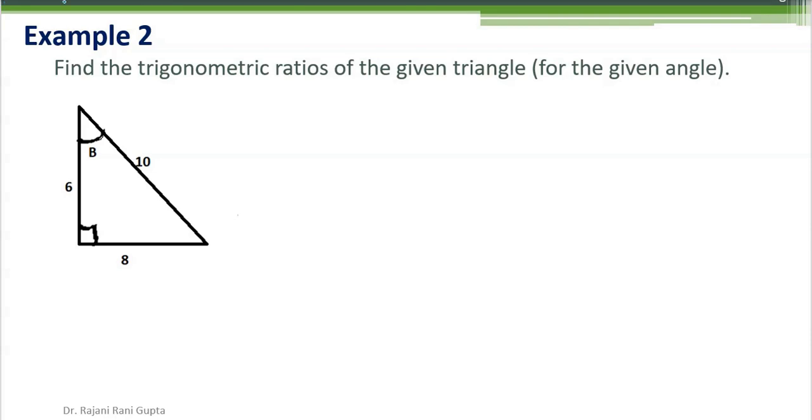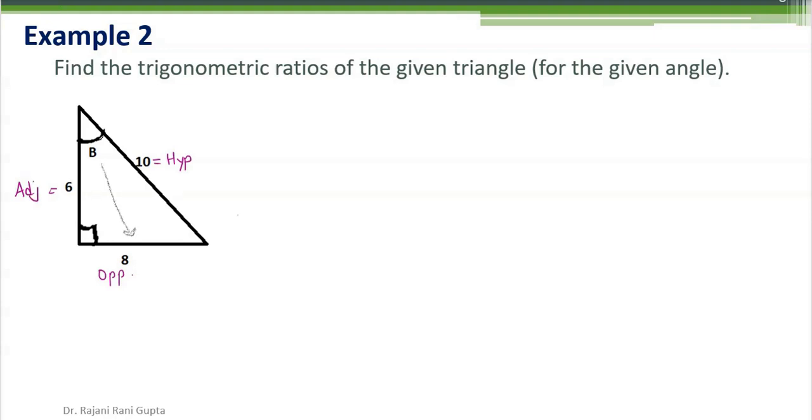For any triangle, the first thing you have to do is identify which side is opposite, adjacent and hypotenuse. Now this is your angle B, so the side opposite to it will be the opposite side. The longest side, 6, 8, 10, 10 is the longest one, so this is your hypotenuse, and this side will be your adjacent side.